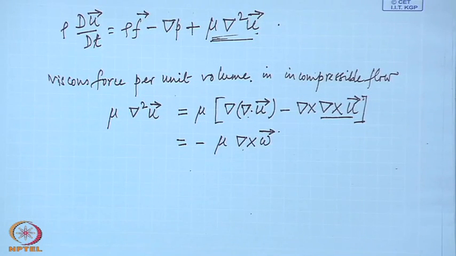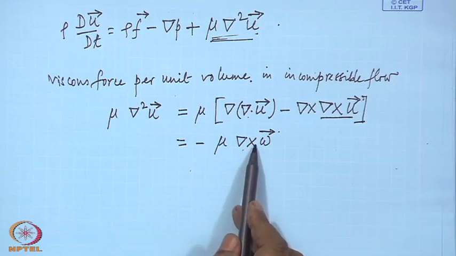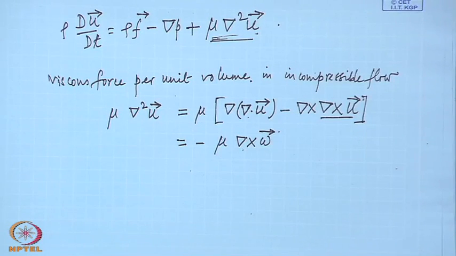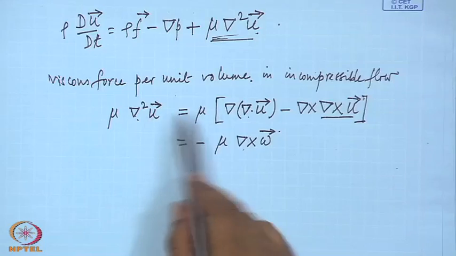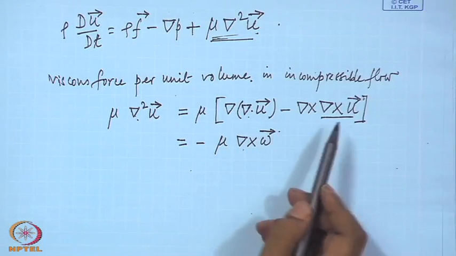This is just a mathematical coincidence that the viscous force has become curl of the vorticity, just a mathematical coincidence that the components of viscous forces are obtained from the components of the curl of vorticity vector, and has come because of this vector identity by which Laplacian is expressed as gradient divergence minus curl of curl.